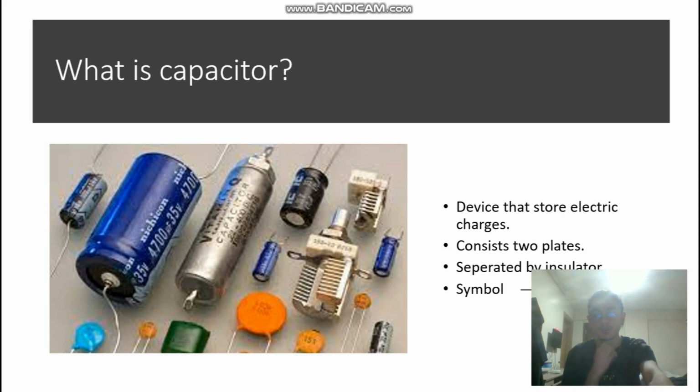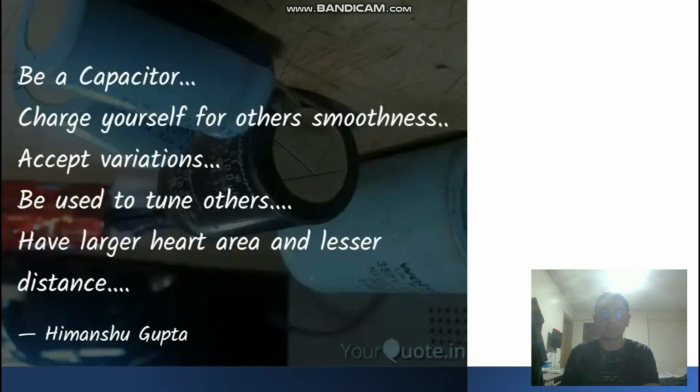You can understand what I said by seeing the last part symbol. I also have a quote from Himanshu Gupta: be a capacitor, charge yourself for others, smoothen variations, be used to tune others, and have a larger heart area and lesser distance.